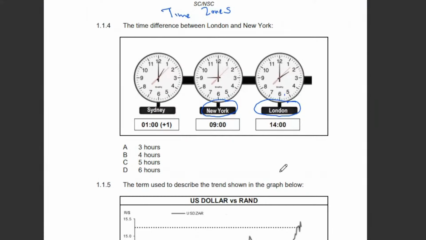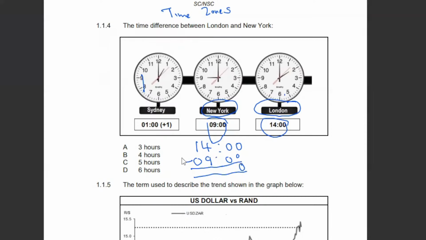So when we look at New York, when it is 9 o'clock in New York, it will be 2 o'clock in the afternoon in London. So the method or the formula which you can use is you subtract 1400 minus 900.